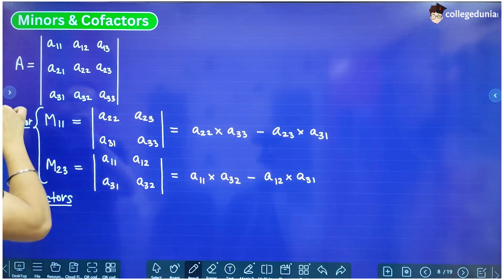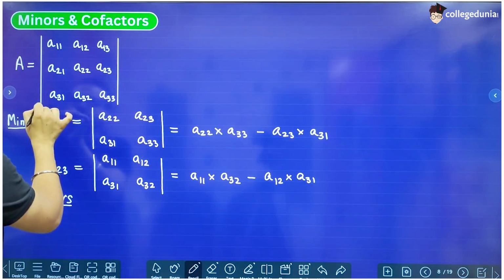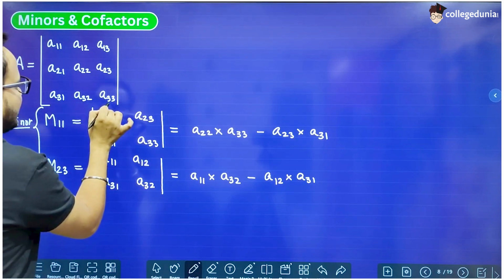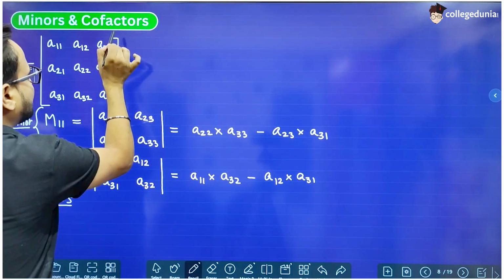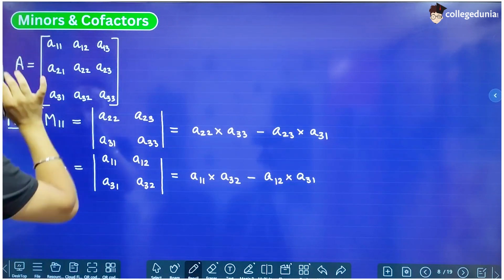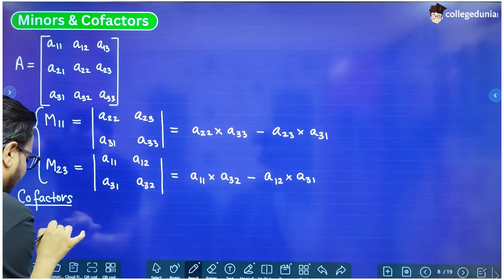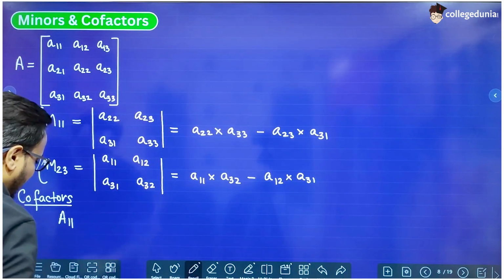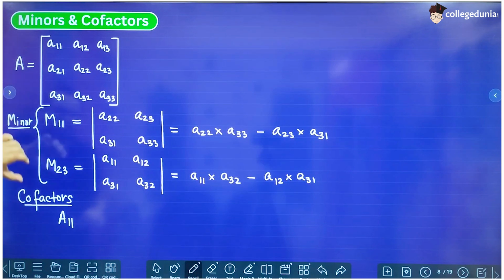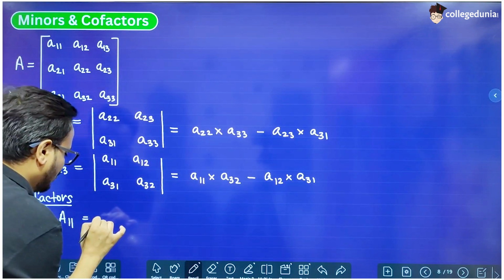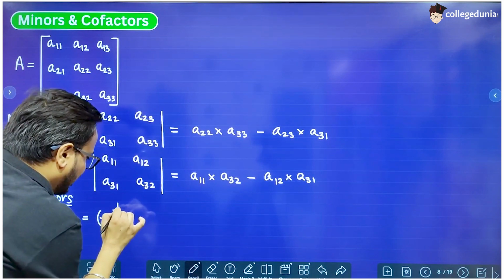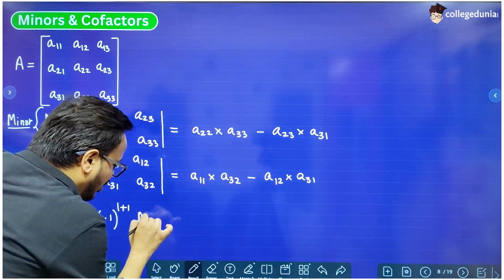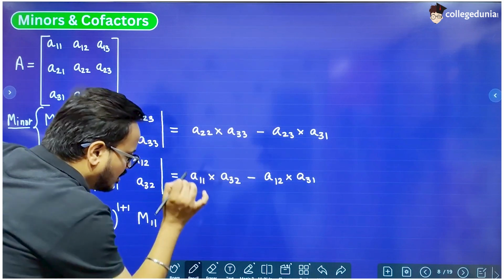We should have written it like this, because minors and cofactors are properties of matrices. So this is a matrix, right? The cofactor is represented by the same alphabet, in capital. So A11 is the cofactor of the first element. You will write minus 1 to the power 1 plus 1 and the minor of this.